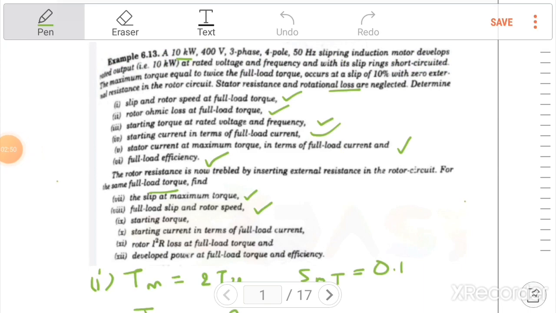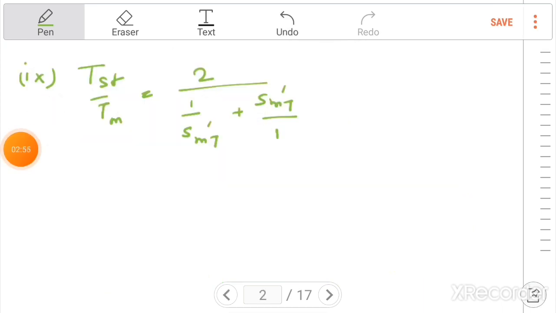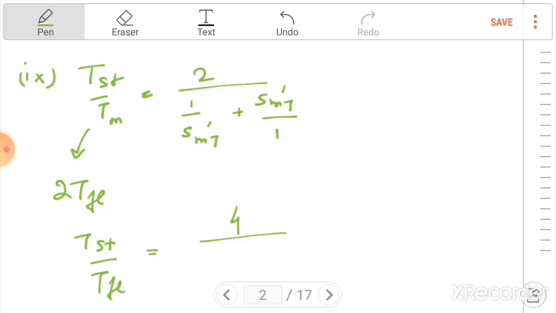In the next option, starting torque is asked. In this option also we will use the same formula, the T_ST by T_M ratio, and put T_M equal to 2 times T_FL. So T_ST by T at full load equals 4 divided by (1 upon S at maximum torque, which is 0.3, plus 0.3 divided by 1).